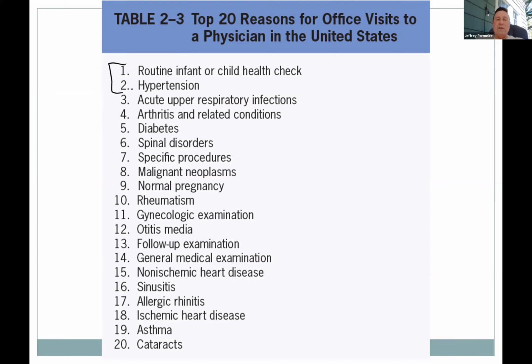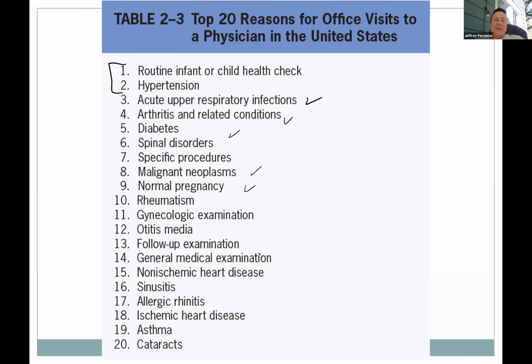And then acute upper respiratory, colds and flu. Something like a cold is acute, so it's very rapid. It can be debilitating. It can be a disability at the time, but there's no long-term effects to that, right? And then people go for arthritis and diabetes, some cancer.